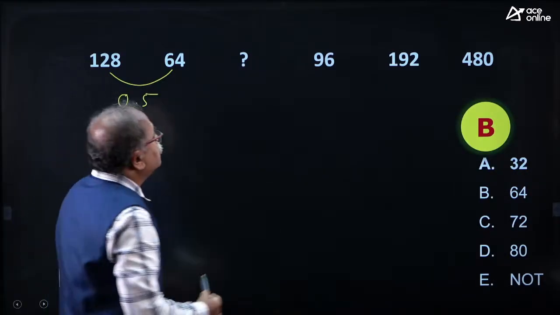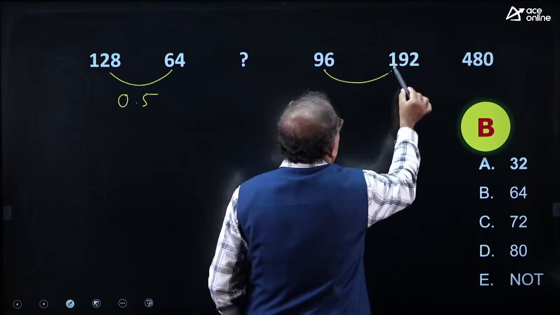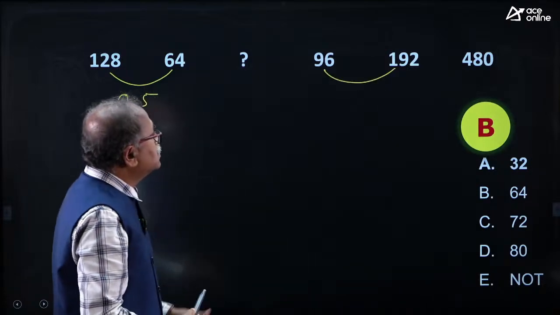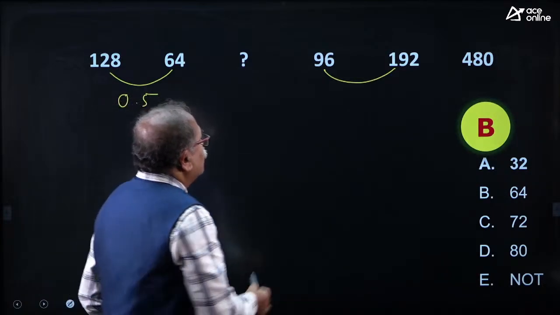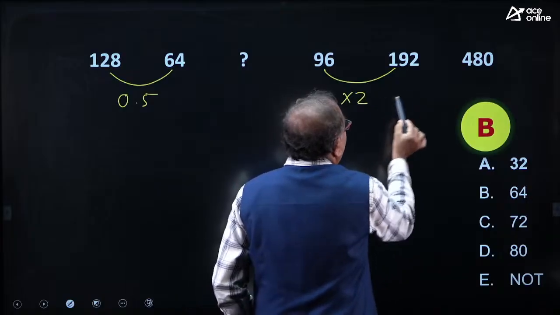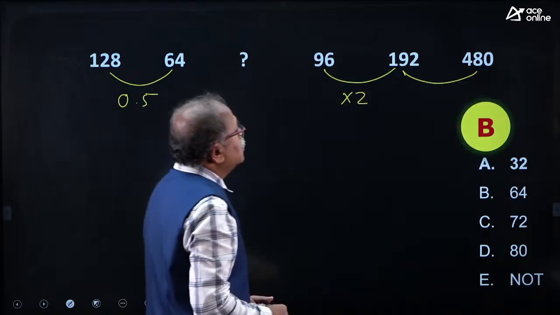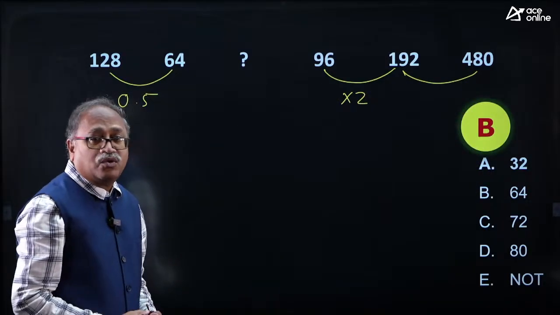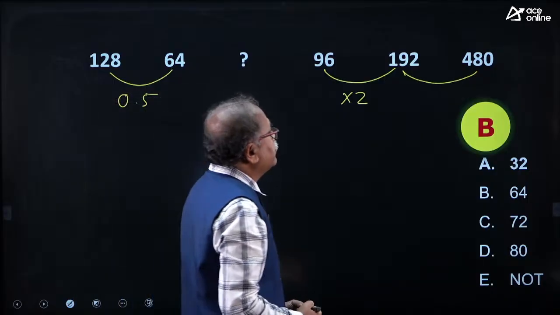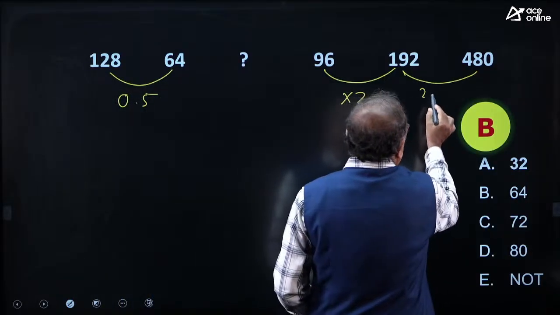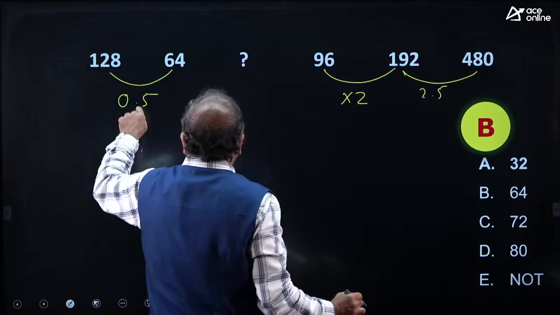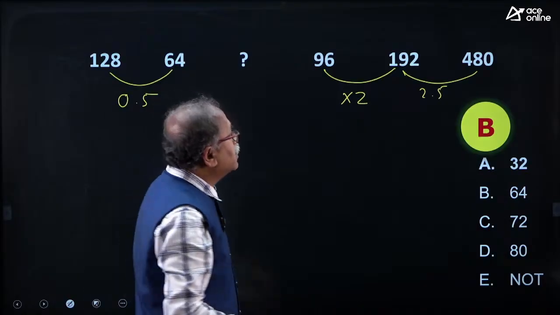128, half is 64, and from here to here it is exactly 2 times. Will it be 3 times? No. 19, 357. Could it be 2.5 times, because the decimal is there, that we already have as a clue.